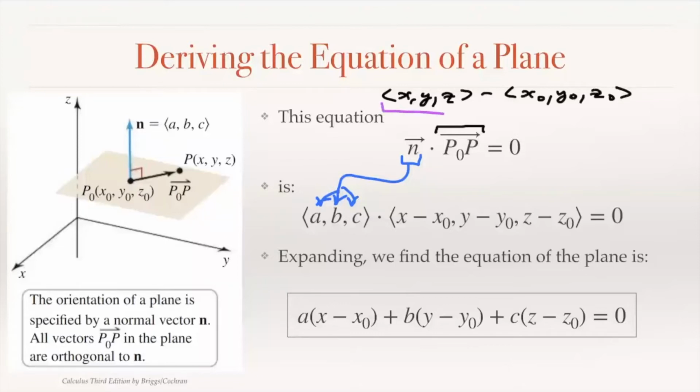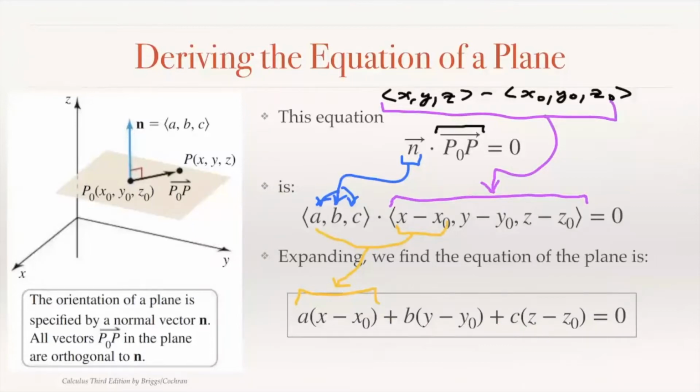And that is this. And then taking the dot product, so a times this is that, plus b times that, and so on. And the two are orthogonal, so their dot product must be 0.